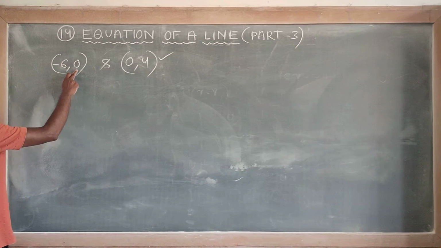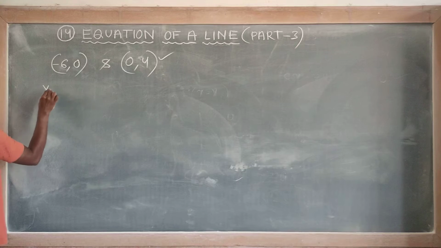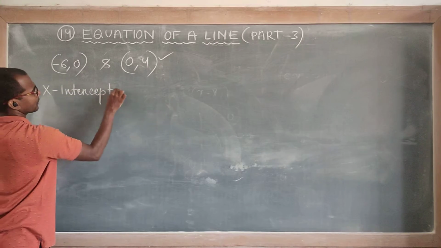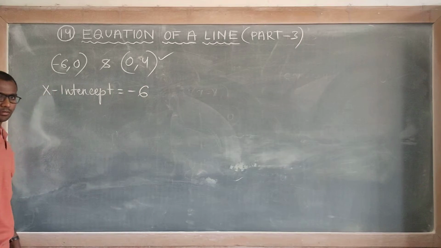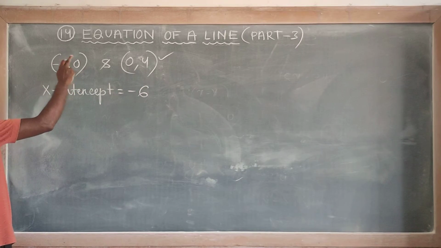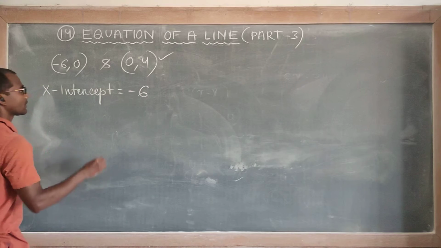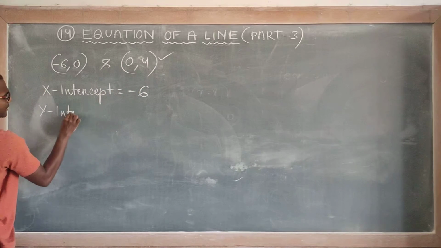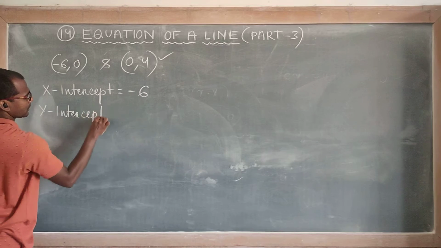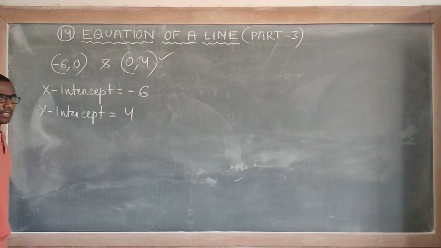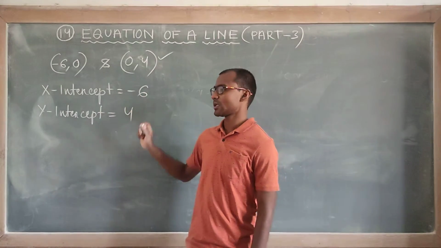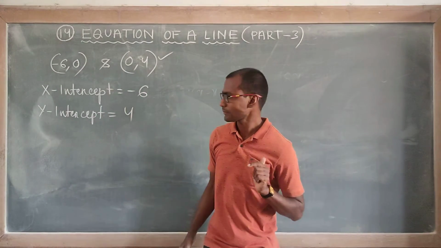Minus 6, 0 means its x intercept is minus 6, because when the y coordinate is 0, the corresponding x coordinate is the x intercept. Then 0, 4 means the y intercept is 4. That means indirectly in the question you have been given the x intercept and the y intercept.